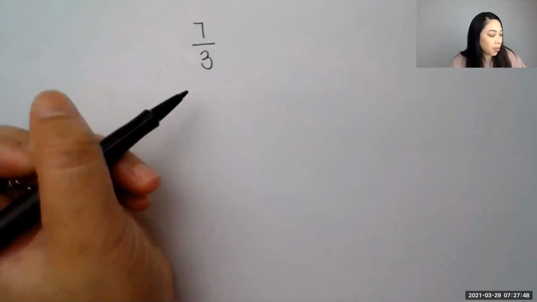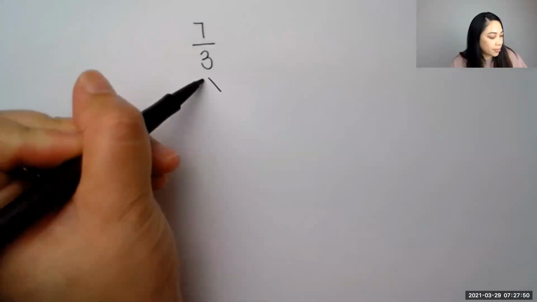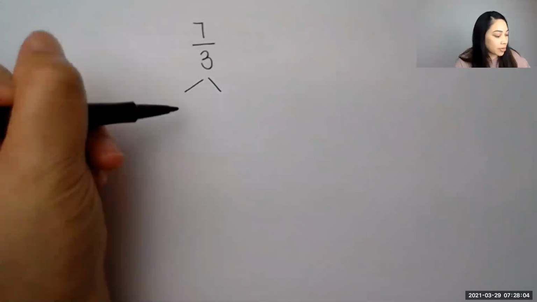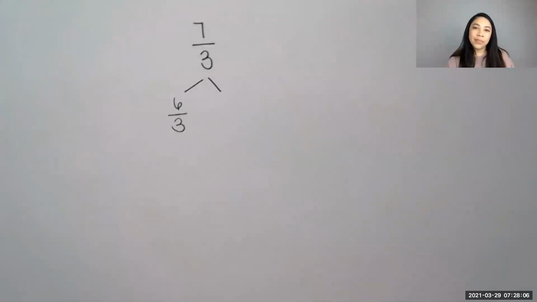7/3 is the whole. Now, earlier when we were counting, we know 3/3 makes 1. 6/3 makes 2. Let's show 6/3 as one part of 7/3. What's the other part? 1/3.